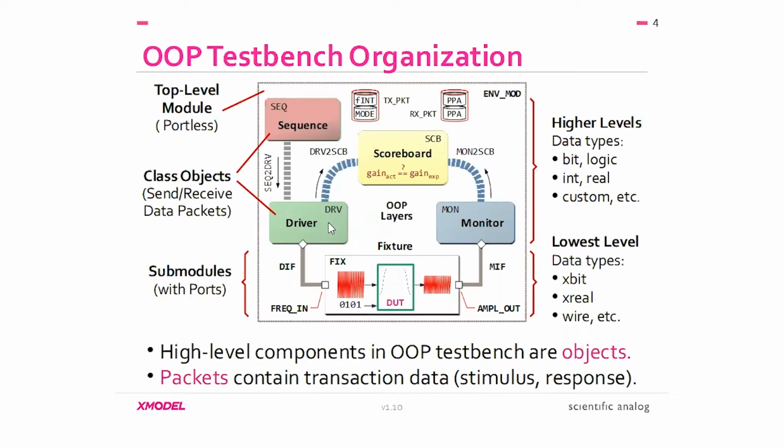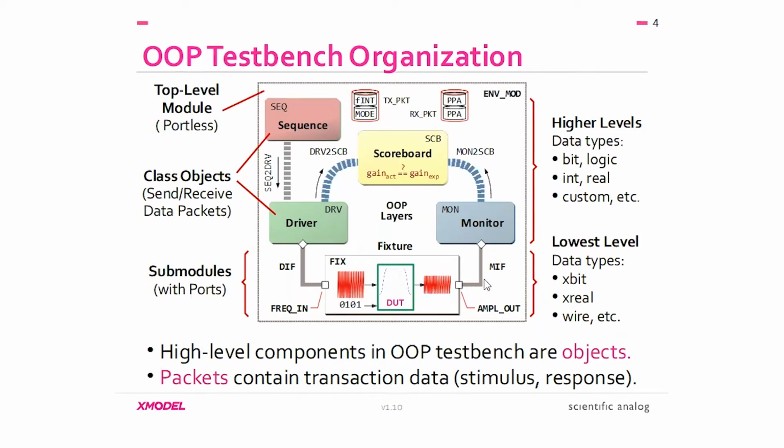The driver is a lower level object which is aware of DUT pinout and timing, and it breaks up the packets into fields, sends those fields over the wires of this interface bus labeled diff to where they can reach the DUT inputs. On the other side, the monitor object does the reverse.